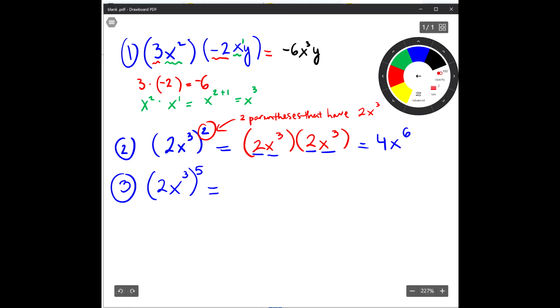So what it means is I have 5 parentheses that have 2x cubed. Okay, I have 5 parentheses and each of them will have 2x cubed in it.